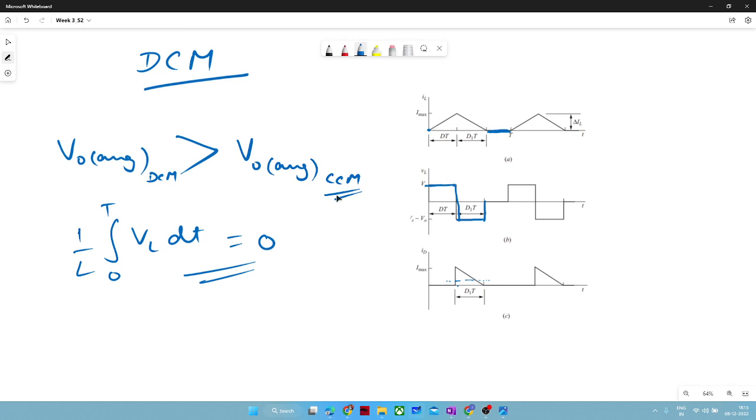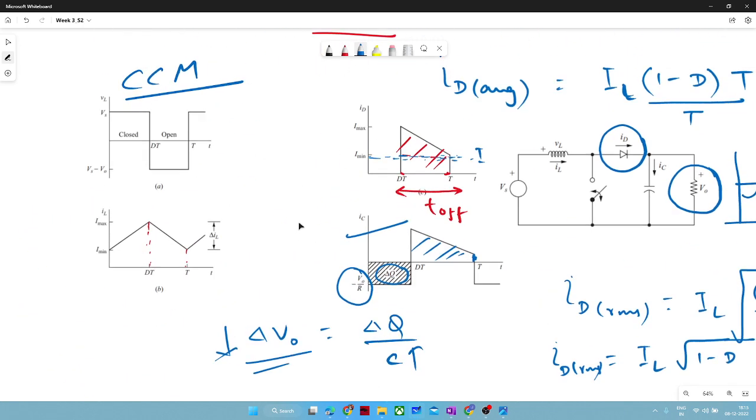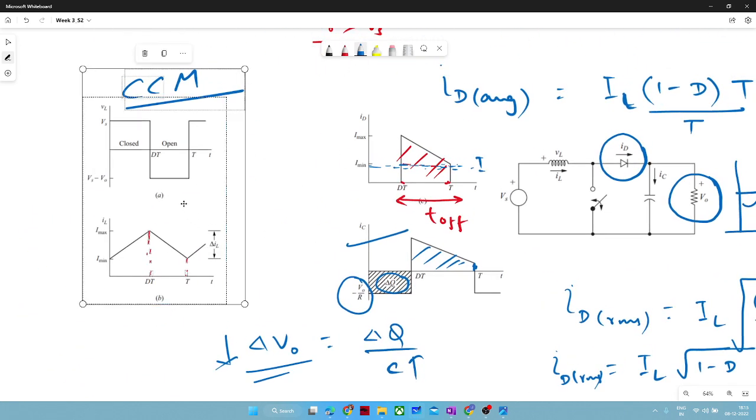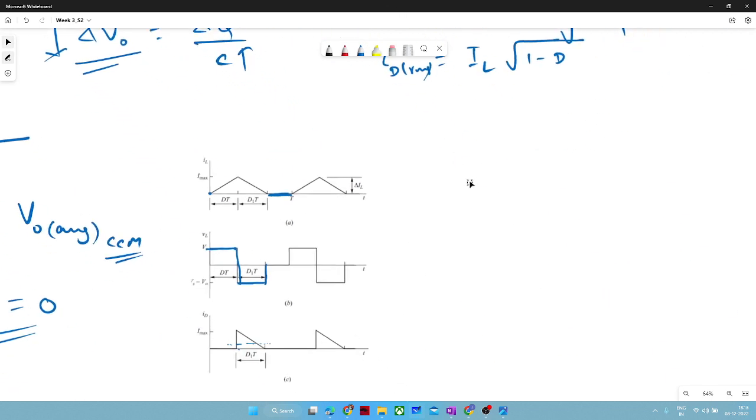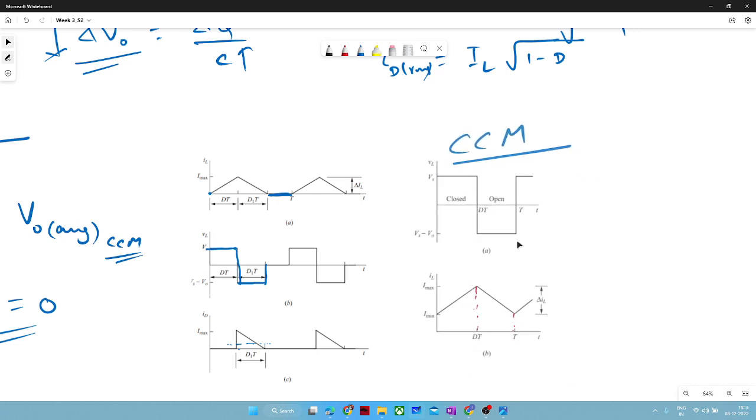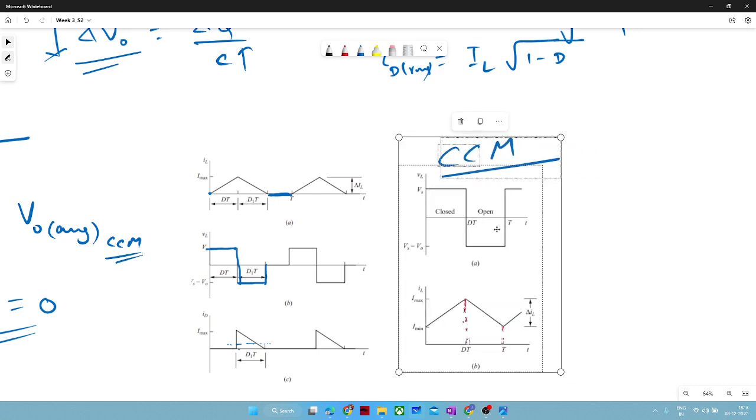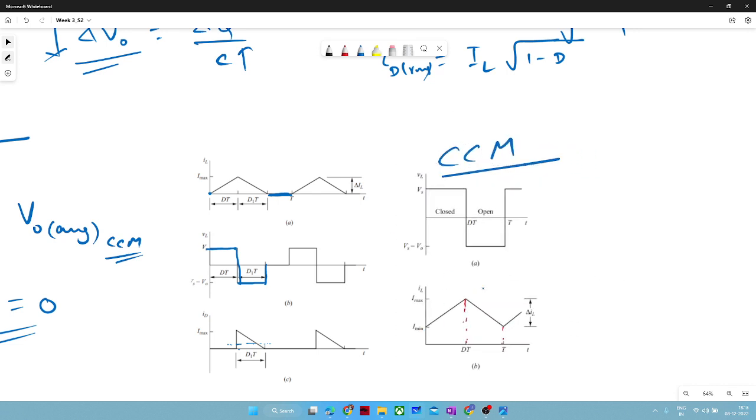Let me bring back that graph and place it beside. Earlier, your diode current had some rectangular portion and some triangular portion.